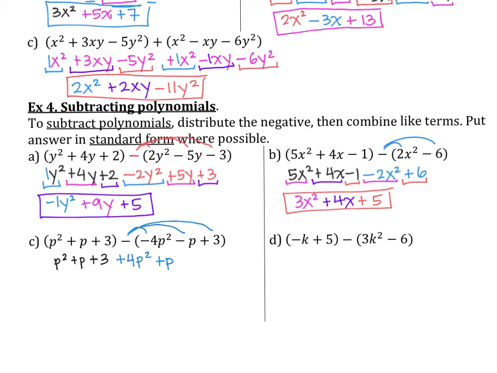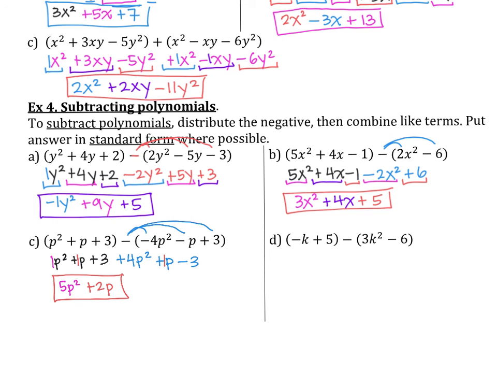And negative 3 makes it negative 3. Okay, then just look for the like terms. 1p squared plus 4p squared is 5p squared. 1p plus 1p is 2p. 3 minus 3 is nothing, so I'm going to leave him off. He canceled himself out.